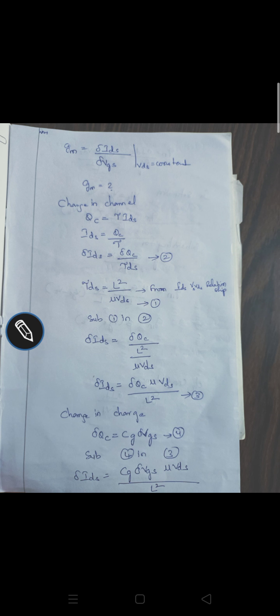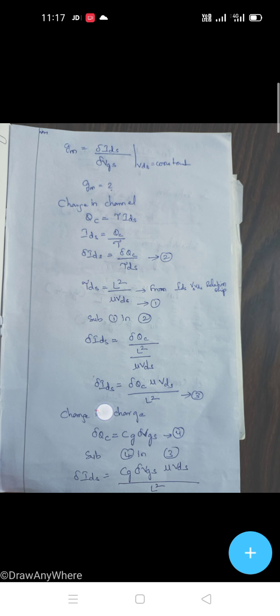I am substituting this equation into the one for IDS, and delta IDS is equal to delta QC by L square into mu VDS. So after substituting we get delta IDS is equal to delta QC into mu VDS by L square. After that, what is delta QC?